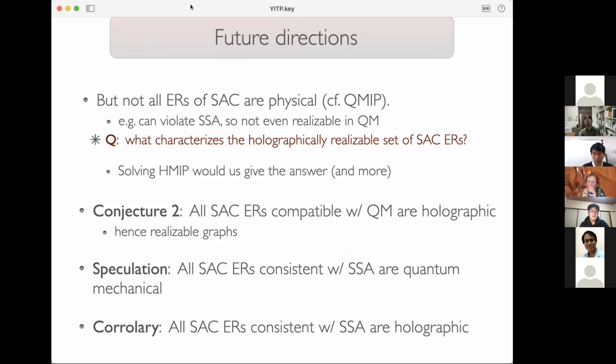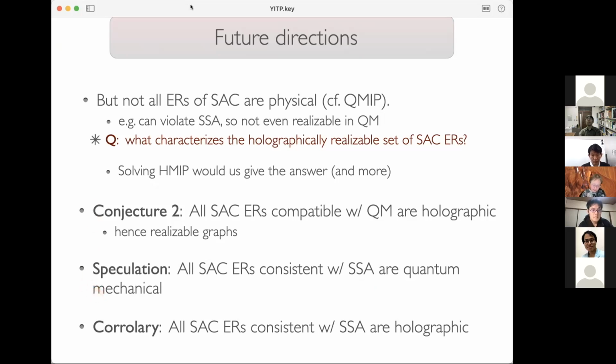Again, the quantum entropy cone is delimited by more than just SSA, but nevertheless, it can be that the extreme rays consistent with quantum mechanics only need to be consistent with SSA, and that automatically gives us the right set.